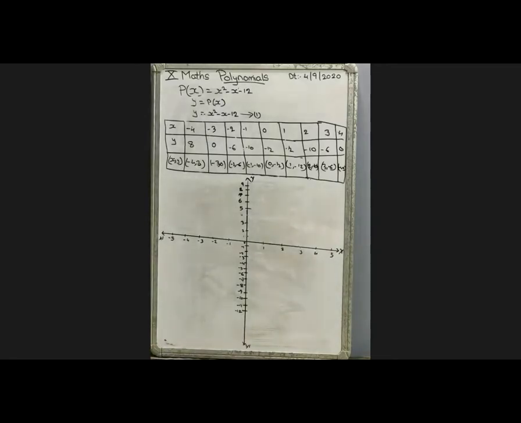Now you can take like that, okay? After -12, you can take -13, -14 here.